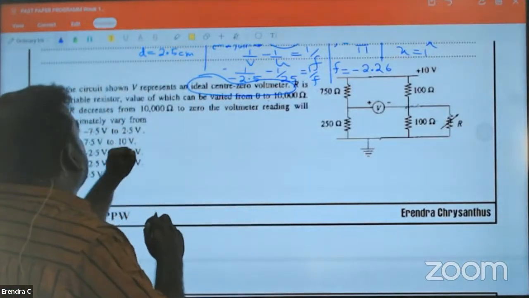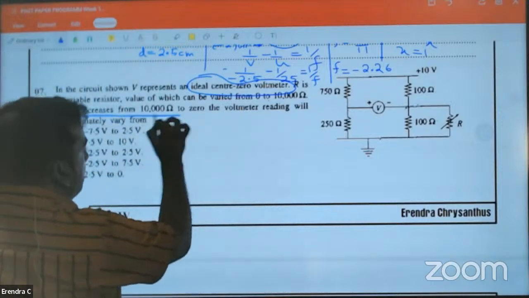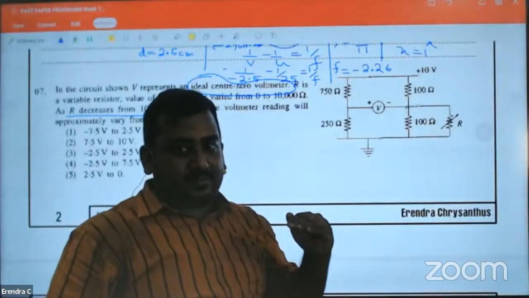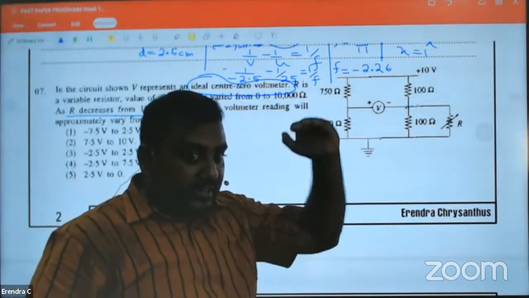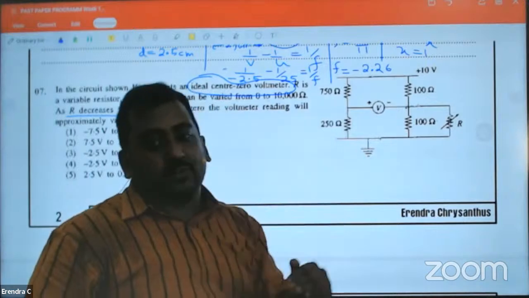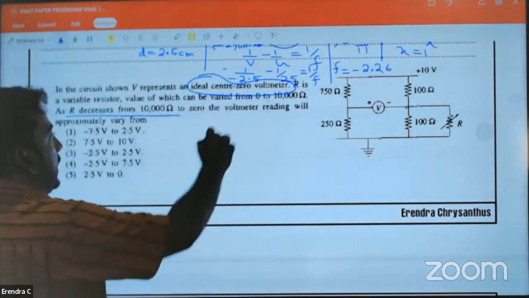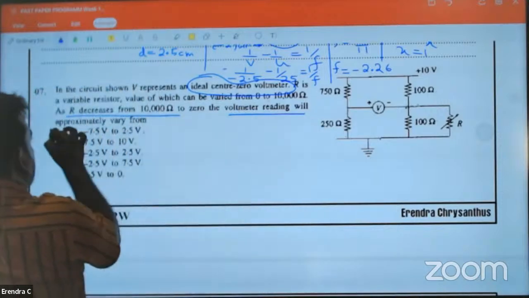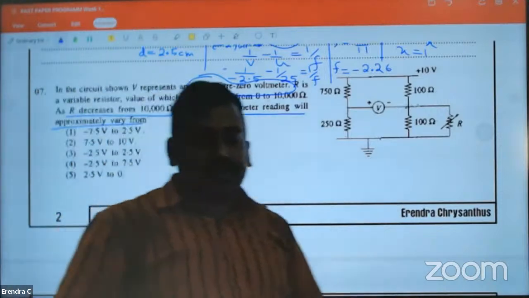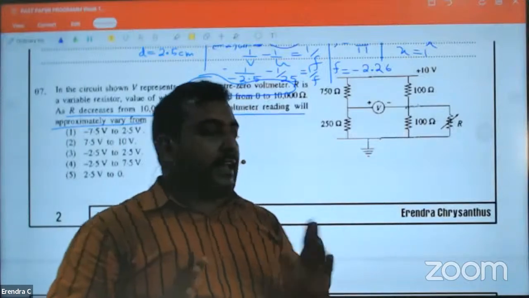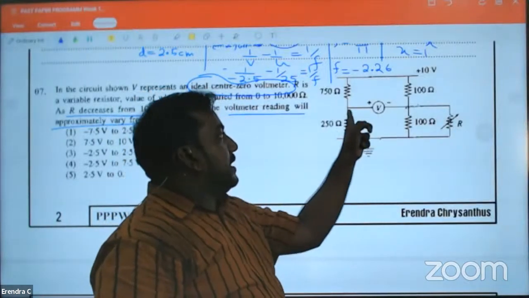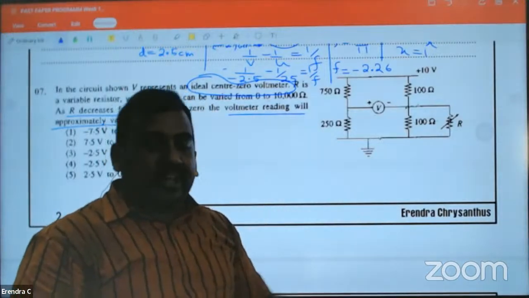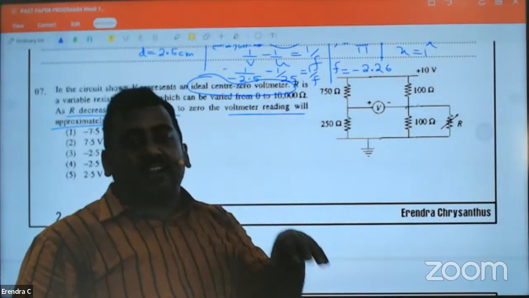As R decreases, so from 10,000 I'm reducing, the voltmeter reading will approximately vary. What is happening? Whatever happens, current won't go across this.